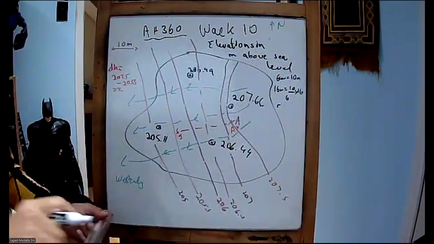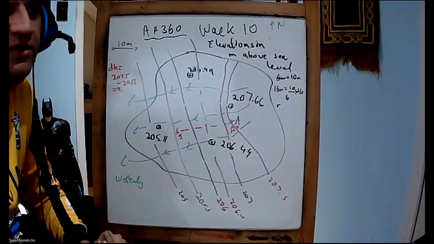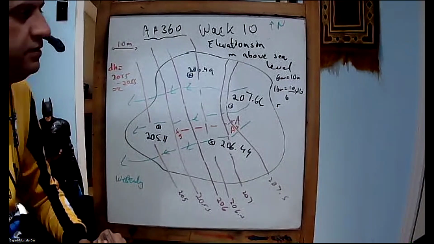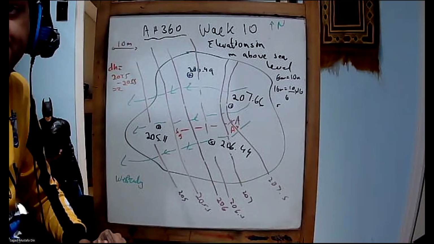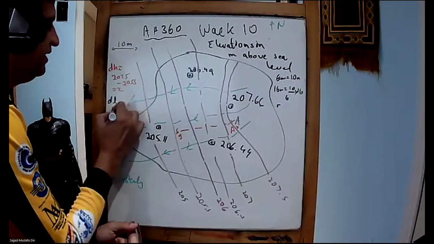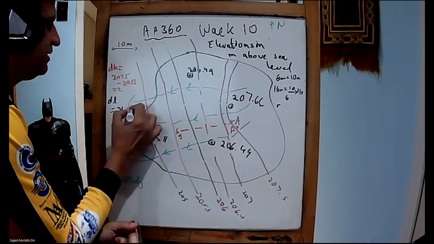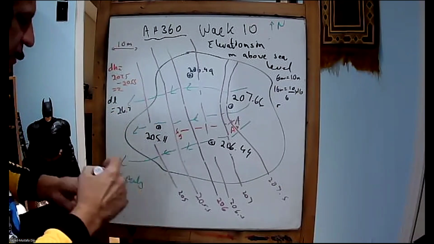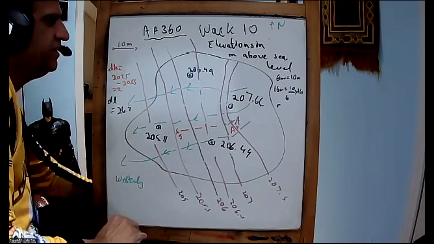Let me run that on a calculator. 10 by 6 times 16 is 26.7. So DL is 26.7.